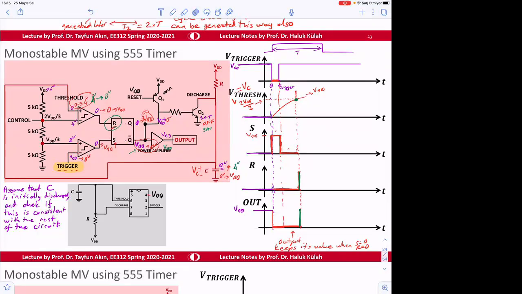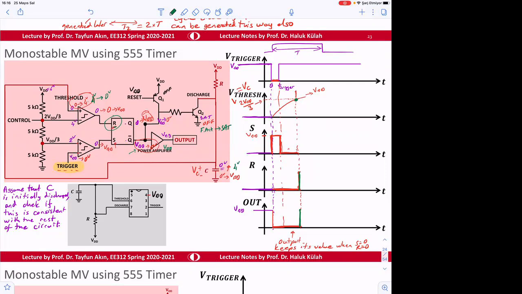So this will be first become forward active, and then C charges through.